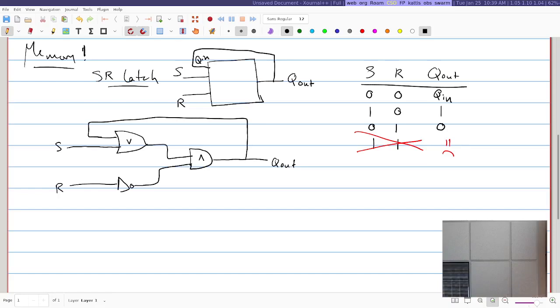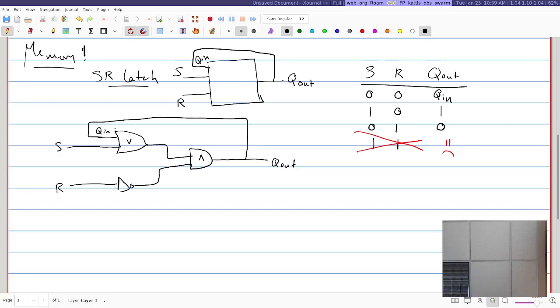Okay, this is Qn, of course. So how does this work? Oh, this is a not gate, by the way. I don't remember if I talked about that. So let's go through these different rows of the table and see if we can convince ourselves that it behaves like we want it to.